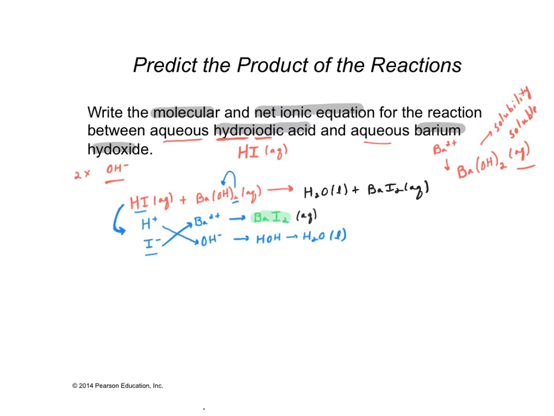Okay. The last thing that we have to do here is balance. That's where all of this stoichiometry comes into play. So I'm going to go ahead really quick and erase this because we're going to need to put a number in front. So I've got 2 I's over here. I'm going to need a 2 in front of this guy. And then for every 1 H and 1 OH, I'm going to get 1 water.